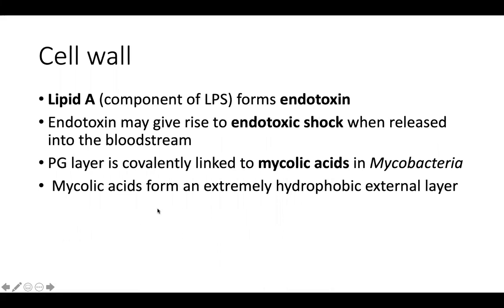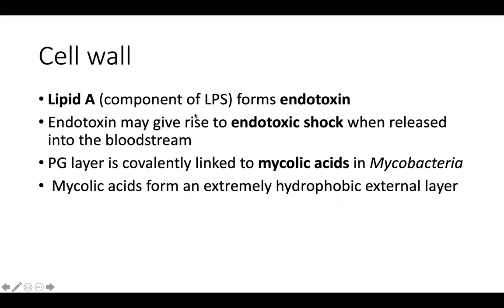So we are still looking at the gram-negative cell wall. Another important component of LPS is lipid A. And lipid A forms the endotoxin. So once you start rotating in the wards, you may find patients who are in toxic shock. And the commonest cause of toxic shock is endotoxin.